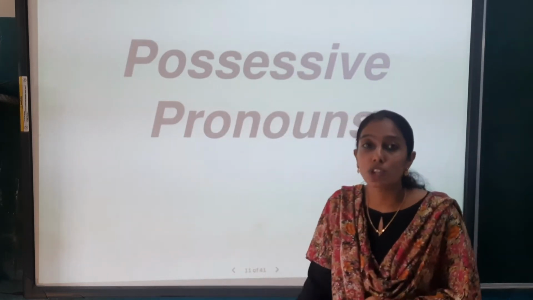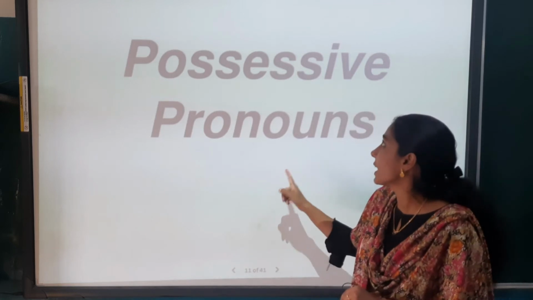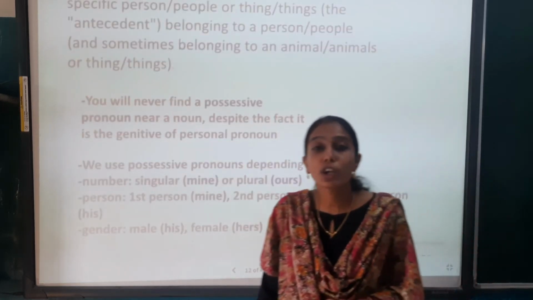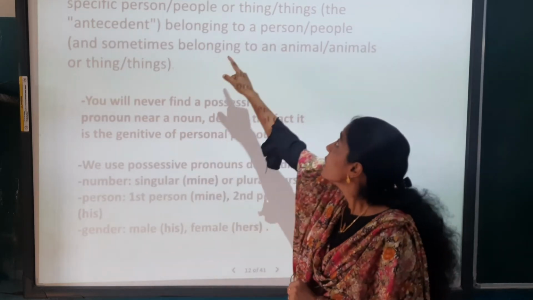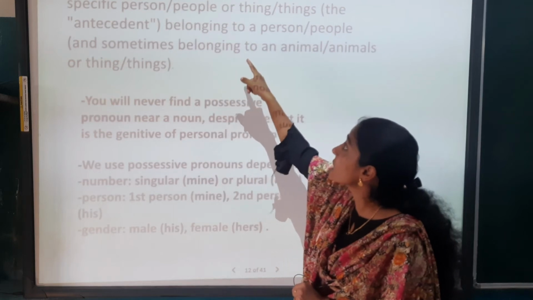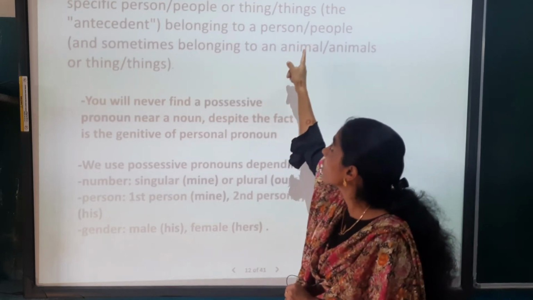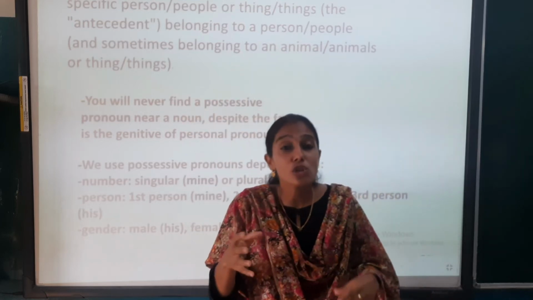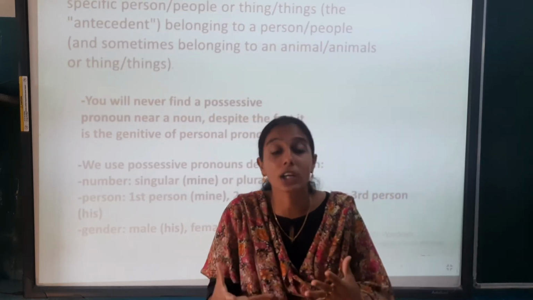Now moving on to the next kind, that is the possessive pronoun. Now what do you mean by possessive pronoun? We use a possessive pronoun to refer to a specific person or people or thing or things belonging to a person or people. Whatever thing belongs to someone.